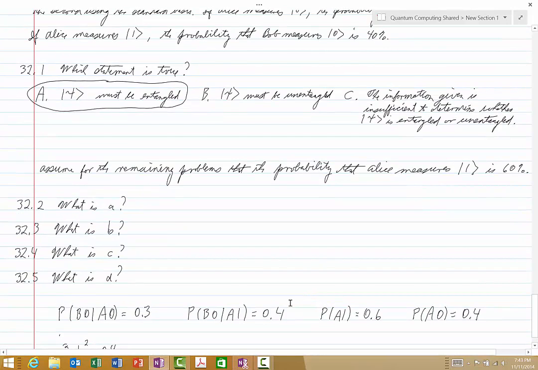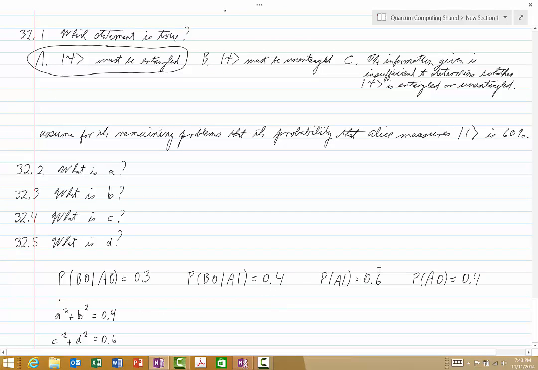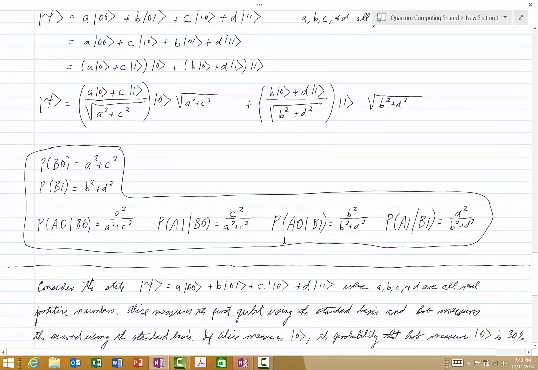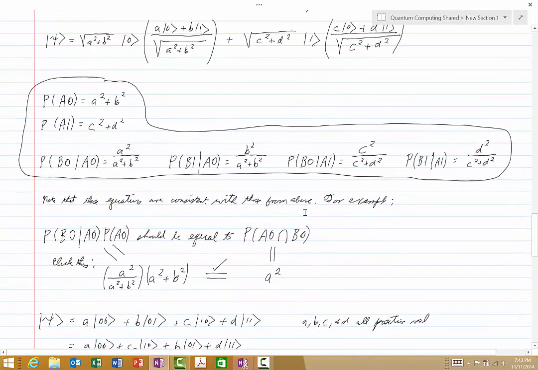Okay, now let's go to these. We have now used these last two equations to get some information about A, B, C, and D. Now what about these first two equations? What is P of B0 given A0 and P of B0 given A1? Well, up here we have the answers.